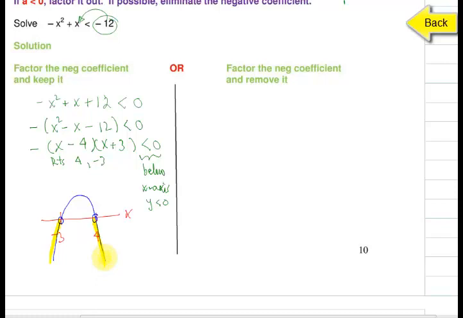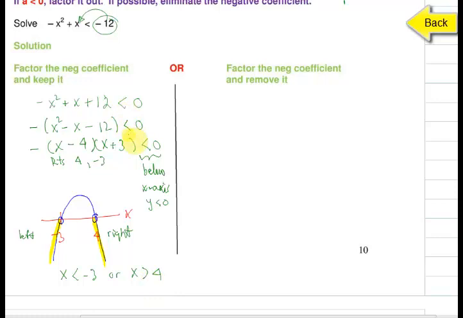Okay, we want everything to the left of -3, which means less than -3, and we want everything to the right of 4, so we want everything greater than 4. And so we write our solution as x is less than -3 or x is greater than 4. All right, and we don't put equal to's on here because our original inequality did not have that.